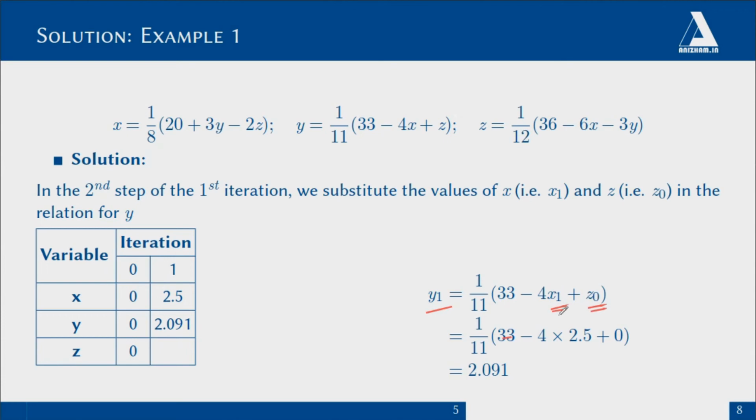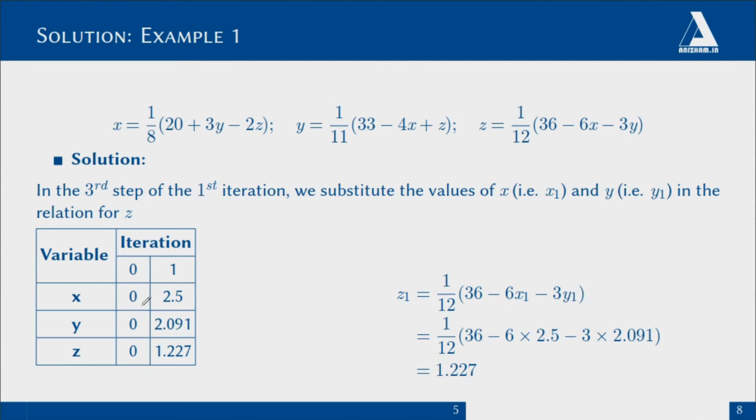So x1 is 2.5 and z0 is 0. If we substitute these values, we obtain y1 as 2.091. Obviously there are some digits towards the right, and I am restricting it to only 4 significant digits. So that value is inserted as the value of y in the first iteration.